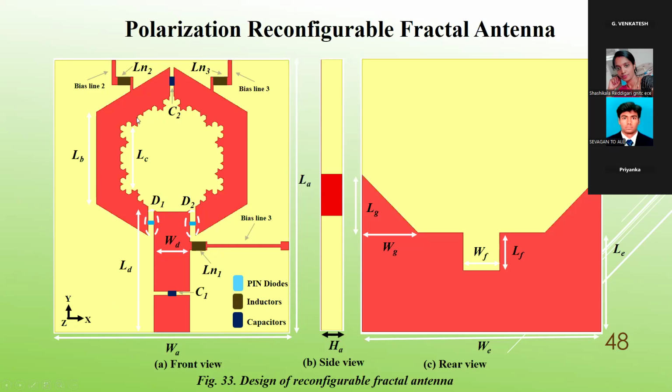So first of all, one hexagonal patch is considered, and from the center it has been etched out, and on the inner side the Koch fractal is applied.